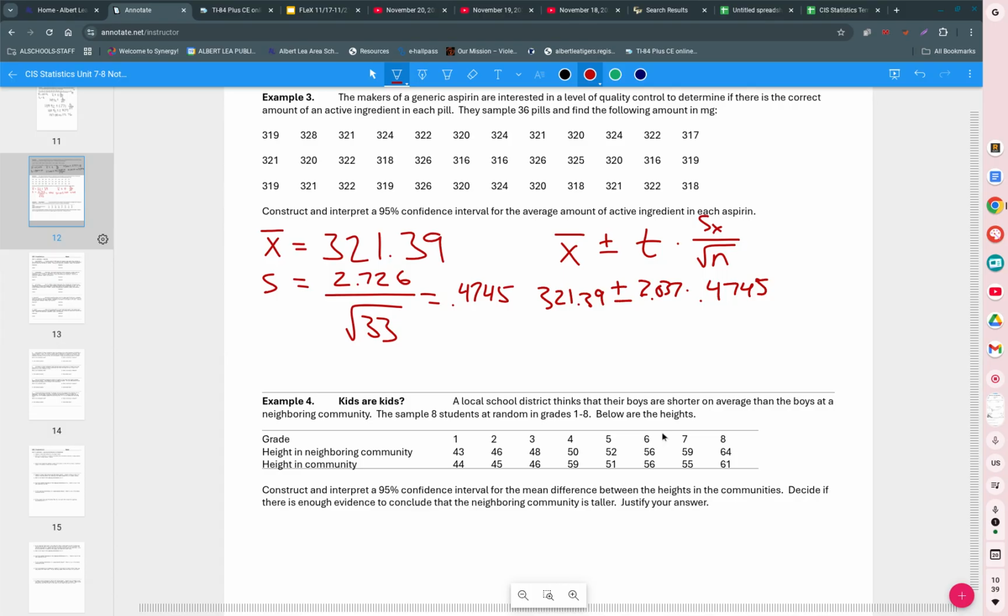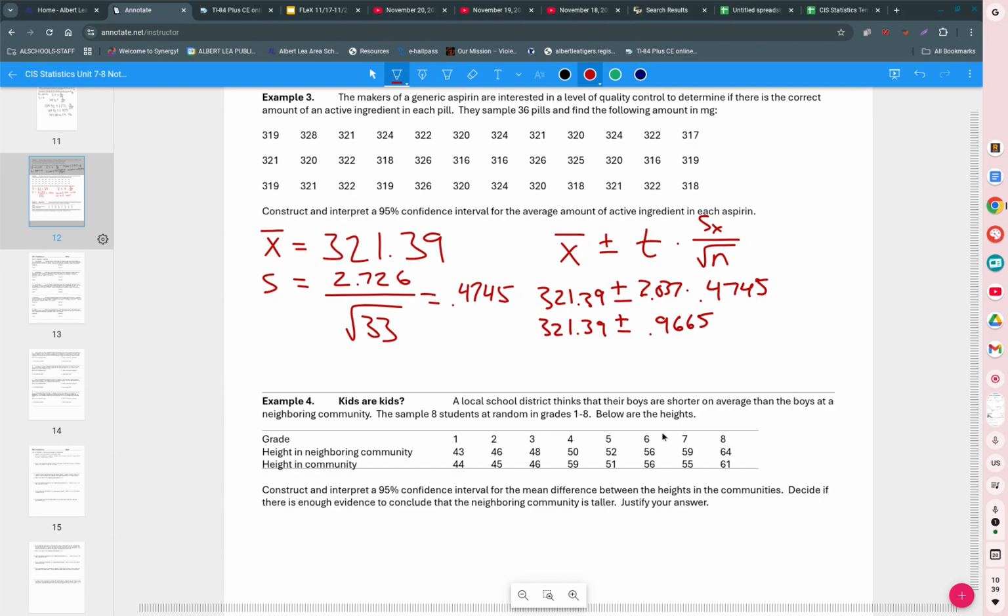Now that we have that information, we can go ahead and build our confidence interval. Can somebody take 2.037 and multiply it by 0.4745? 0.9665.